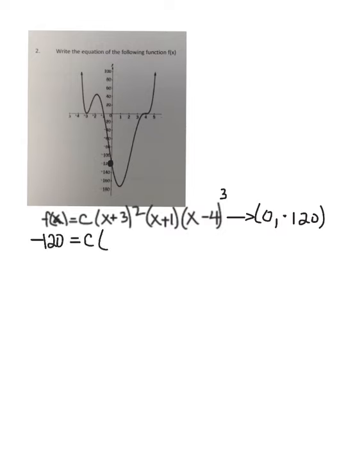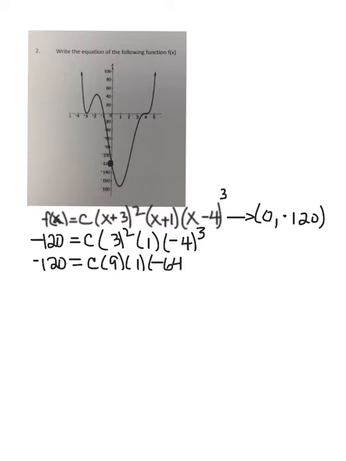Now we're plugging in 0 for x, which is going to be 0 plus 3, which will be 3 squared, and then 0 plus 1, which would be 1, and then 0 minus 4, which would be -4, and that quantity cubed. So -120 equals c times 9 times 1 times -64.